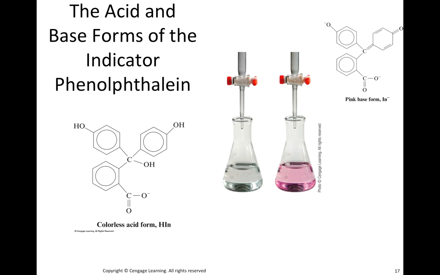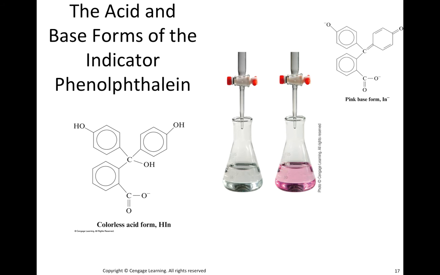Here are some examples of indicator dyes. This is phenolphthalein. It's clear when it's in the acid form, and it's pink when it's in the base form. So this is often used in titrations, and this is the dye that we're going to use when we do our titration.